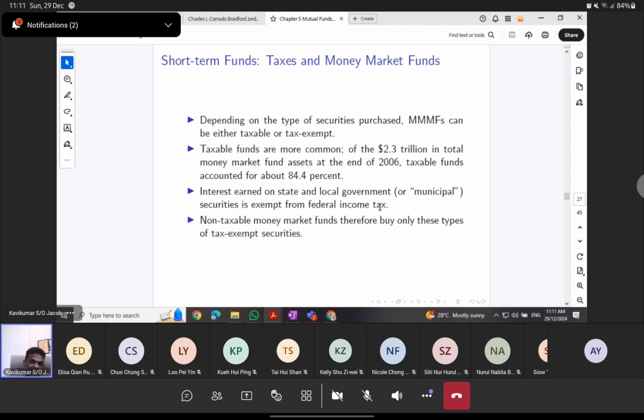But if you buy the mutual fund from other agencies, it will be taxable. Non-taxable money market funds therefore buy only these types of tax-exempt securities. Non-taxable money market funds actually bear only low profit.